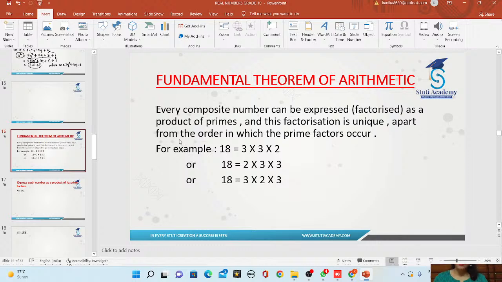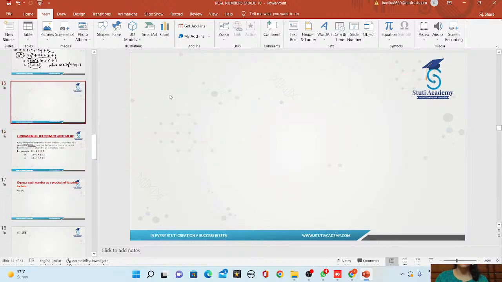Before I begin to explain the statement, I'm going to talk about composite numbers and prime numbers. You might have studied this in grade 6 also, but we'll quickly revise it. Prime numbers are those numbers which have only two factors, 1 and the number itself. For example, 7 has only two factors, 1 and 7 itself, and nothing else.